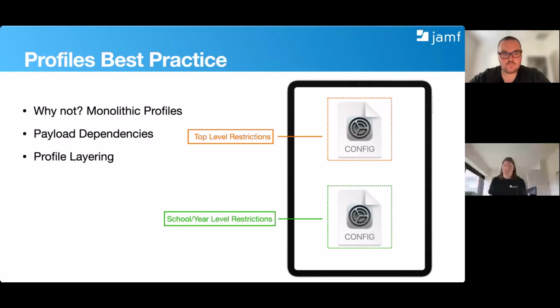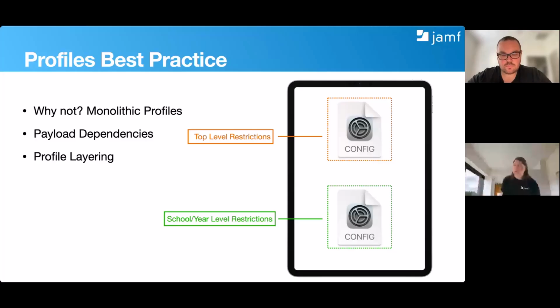But at the school level, you've got some specific use cases where you need to apply some additional restrictions. Perhaps a set of iPads that are to be used for exams and you want to disable Apple Intelligence and the spell check. At a school level, you can create your own profile with the restrictions payload. Apply your school level settings and deploy this to your own set of devices.